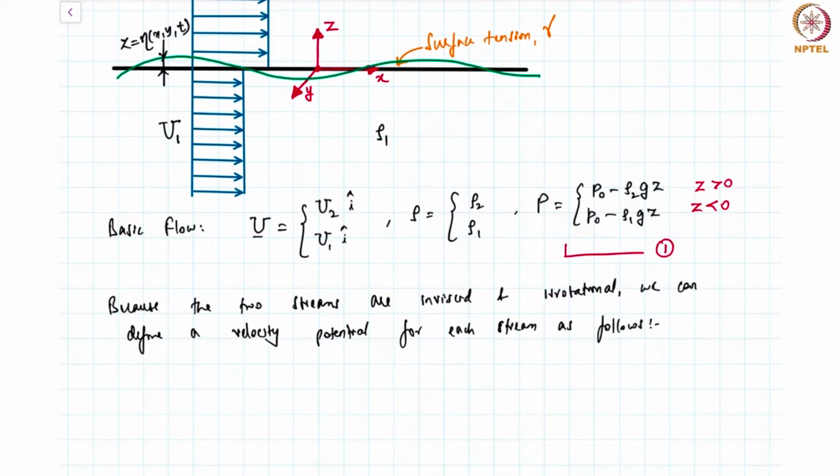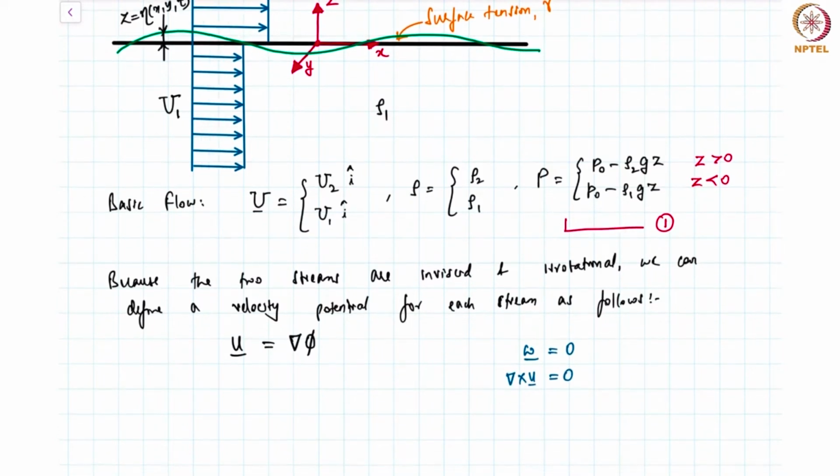So we will say that there is a velocity field u, and there is a velocity potential phi. For those who may not be familiar or who may have forgotten, if I say that the vorticity is 0, and vorticity is the curl of velocity, then the flow is said to be irrotational.